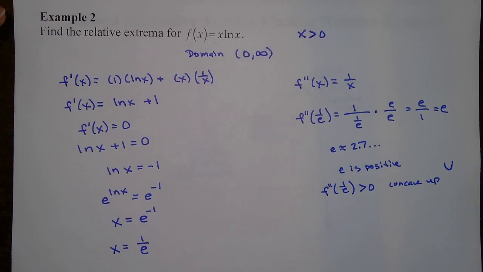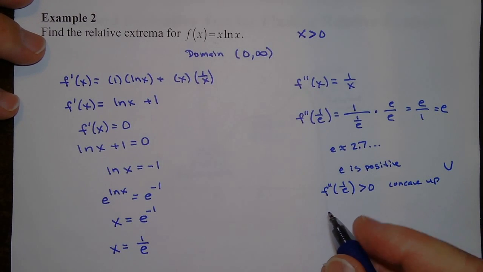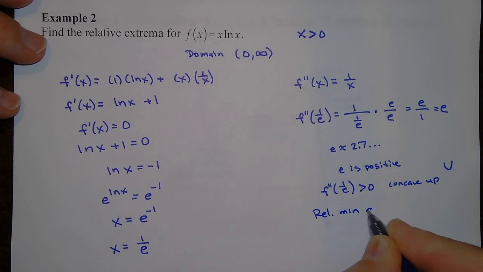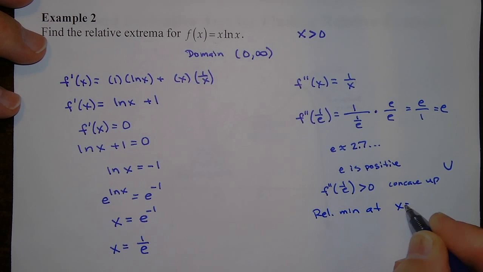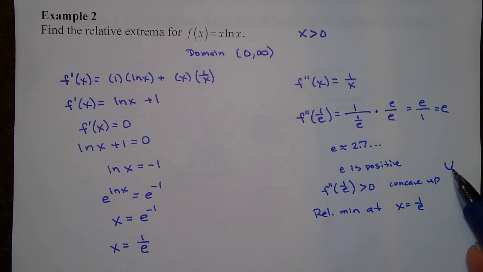All right, so we know it's concave up. So if it's concave up, that means we have a relative minimum at x equals 1 over e, because we have a horizontal tangent and we know it's concave up.